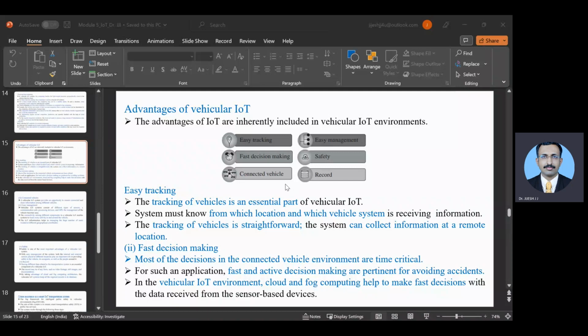By knowing each other's exact location, you can take an immediate decision and make sure that no collision takes place, or you can avoid the collision. So fast and active decision making is possible to avoid accidents.